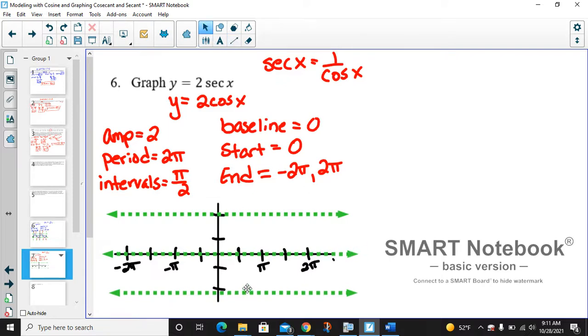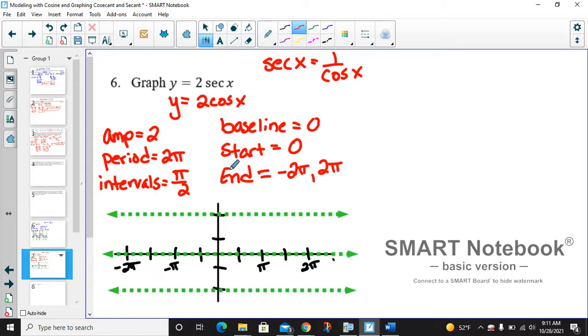Of course, cosine starts at the maximum or minimum. My a is positive, so I'm starting at the maximum, and it tells me to start at 0, so 0 is the maximum. Then I follow my pattern down to the baseline, down to the minimum, back to the baseline, back to the maximum.